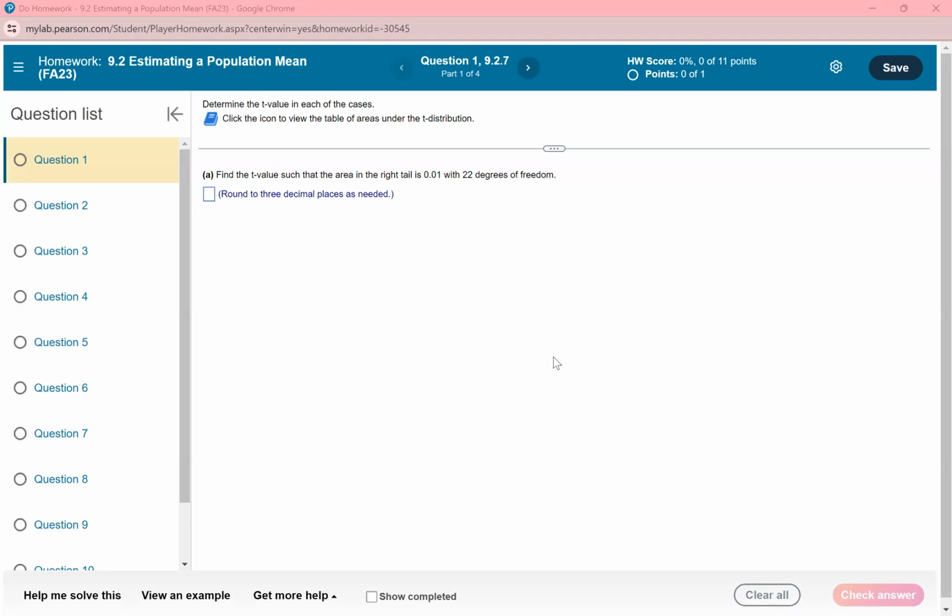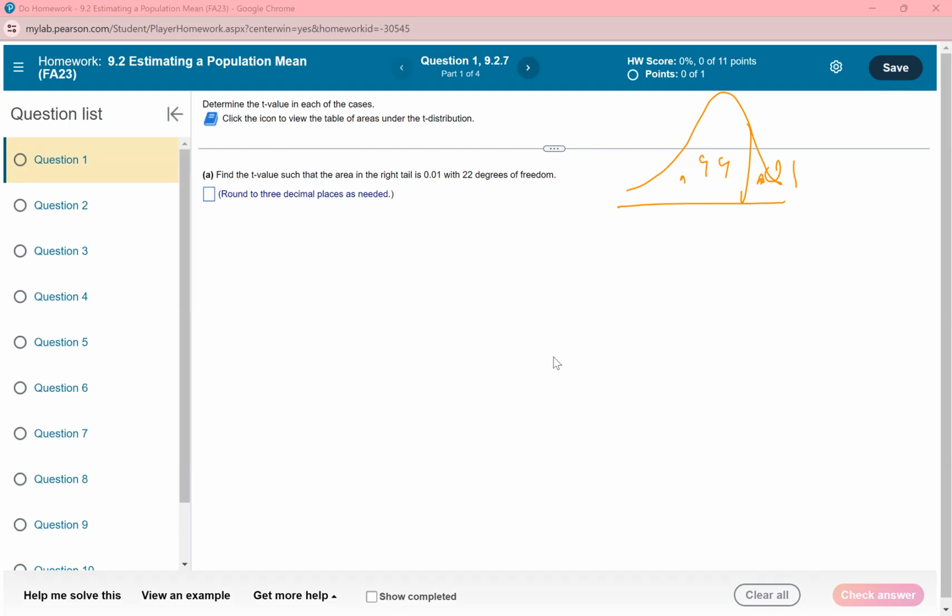Okay, so it says find the critical t value such that the area to the right in the right tail is 0.01. So this one's not a two-tailed one. We're being told only the area on the right is 0.01. That means the area on the left would be 0.99. So we're going to go to our calculator, second distribution, and you need to go to inverse t. That's right below the inverse norm.